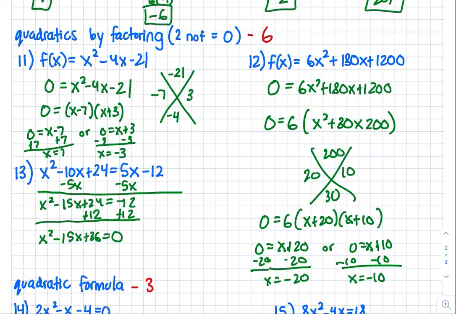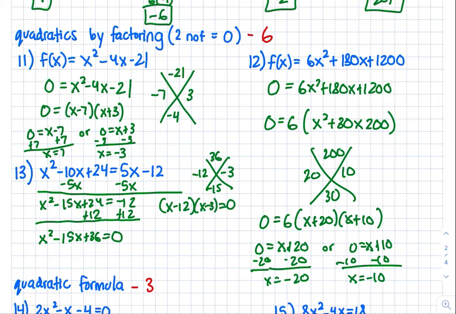Now from here, we could finally factor. And I'm going to do it up here. So top 36, bottom negative 15. Two things that multiply to 36, but added give you negative 15. That's going to be negative 12 and negative 3. So x minus 12, x minus 3 is equal to 0.